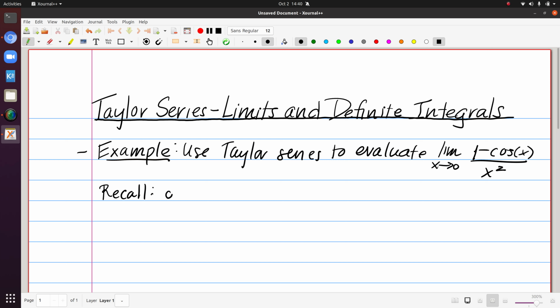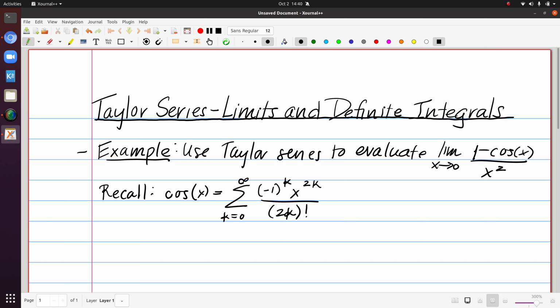So cosine of x, we said, had Taylor series, which was the sum from 0 to infinity of negative 1 to the k, x raised to the 2k divided by 2k factorial. And significantly, that had the radius of convergence equal to infinity. So the interval was the whole real line.